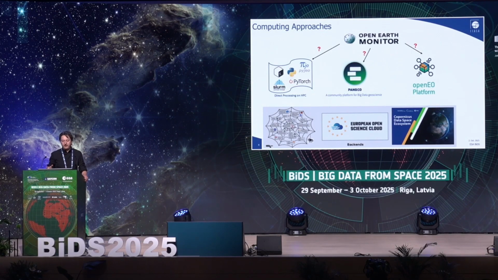Then we had 1 day dedicated to Pangeo, and Pangeo was working on another backend, the European Open Science Cloud. And we also had another day dedicated to the OpenEO platform that was operating on the Copernicus Data Space Ecosystem. So you can see, in 1 week, every day we were working on different topics.